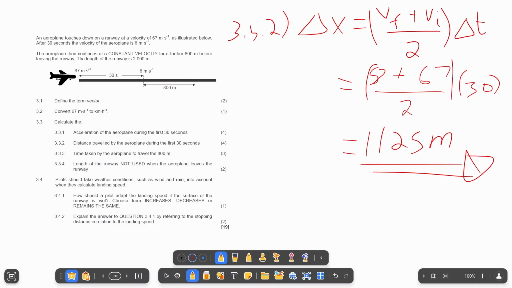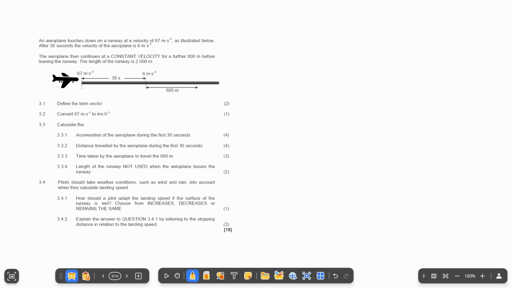Right. Let's go to 3.3.3. Calculate the time taken by the aeroplane to travel the 800 meters. Now we need the time taken to travel the 800 meters. You see, what are we given again?